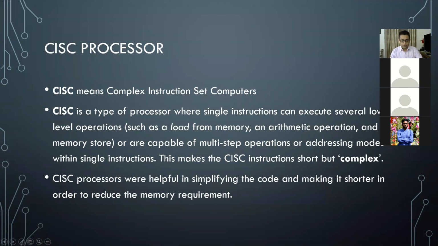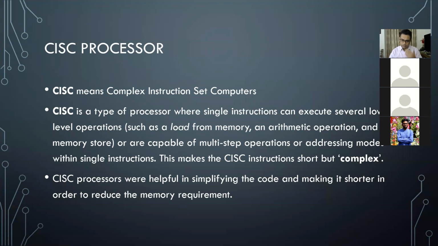CISC processors were also helpful to simplify the code and make it shorter, to reduce the memory requirement. By the way, the reason we make it shorter is that when the CISC type of microprocessor was invented in 1970, the memory space was very limited, the hard disk space was very limited, and the resources of the microprocessor were very limited and very expensive at that time.